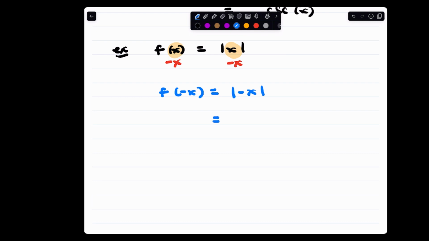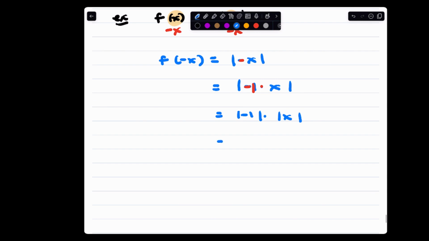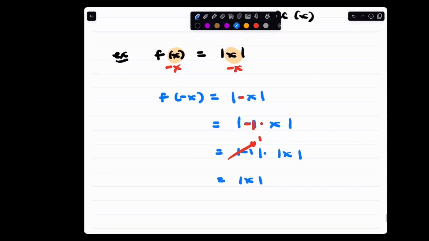What does that absolute value do? Can I bore you with some details? That's negative 1 times x, and then the product rule for absolute value. We know the absolute value of negative 1 is just 1, so this is the absolute value of x.